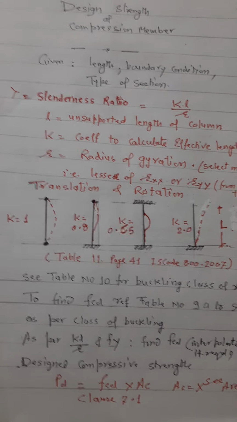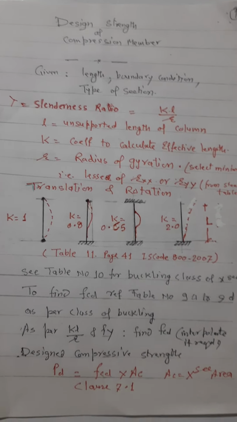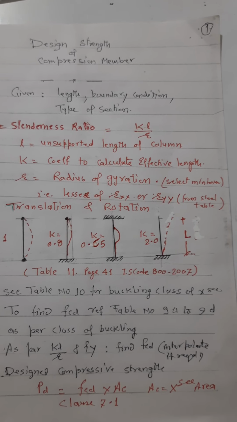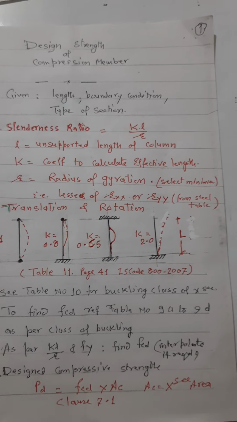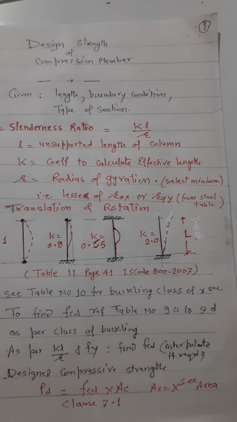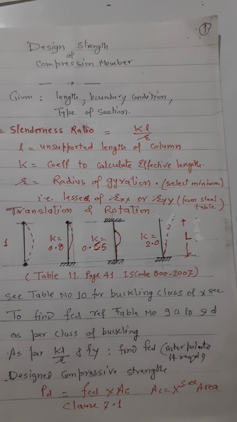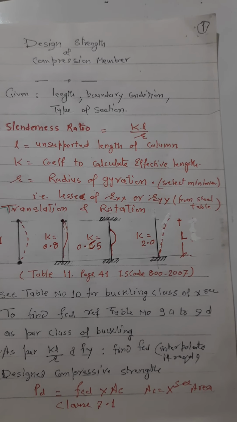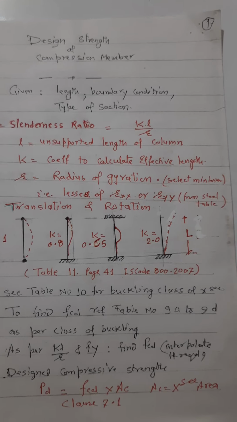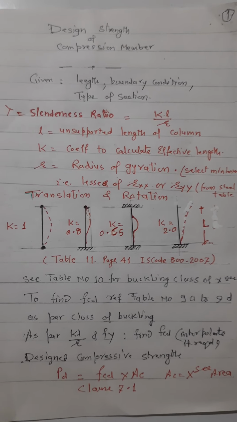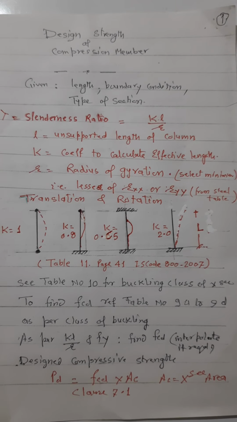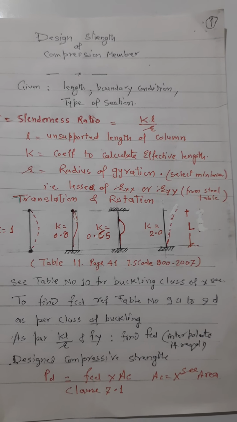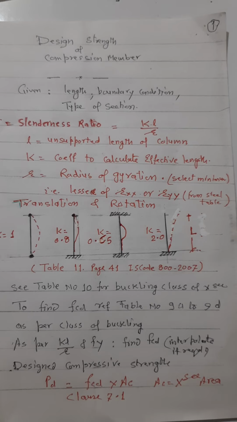And then that will show, under that condition, whether it is buckling along which axis, A, B, C or D. That will show the buckling class. According to that buckling class, now go through the tables 9A, 9B, 9C and 9D.